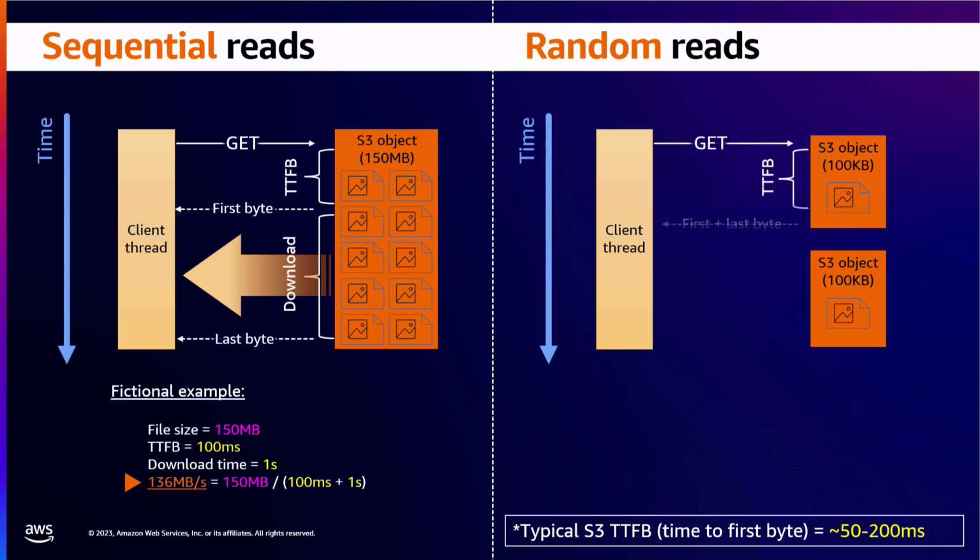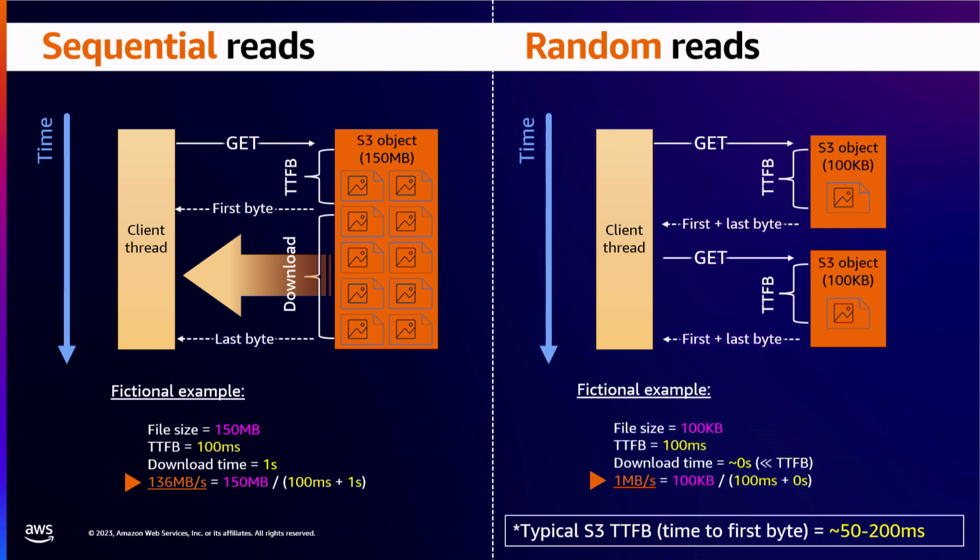Continuing with our fictional example of a single client thread, now we have the random access pattern where our data set is stored as raw JPEG files on Amazon S3, and each JPEG file represents a single training sample. So we again start firing GET requests, and every time we fire a GET request, we have to wait TTFB amount of time. Let's say in this case that our download time for those tiny files is negligibly small compared to the time to first byte latencies, and can be neglected altogether in our quick calculation here.